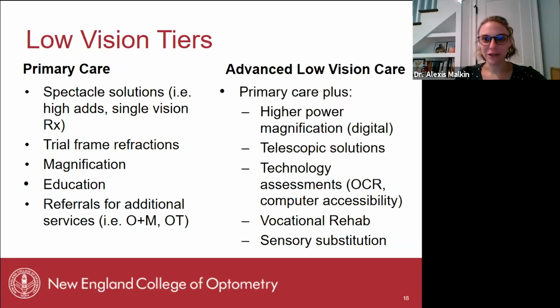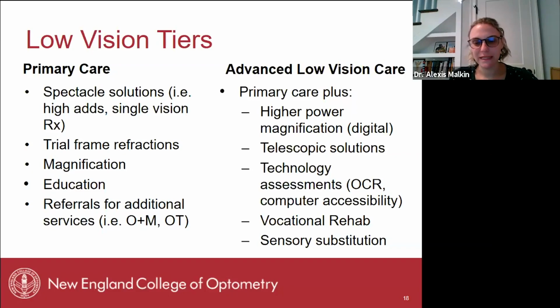That 20/20 or 20/25 patient with a small scotoma will really do better in a trial frame than they will in a phoropter. Early use of magnification, education about the condition, about lighting, about contrast enhancement, and referrals for those other services like mobility training or vision rehabilitation training, as many of you mentioned as services you work with.